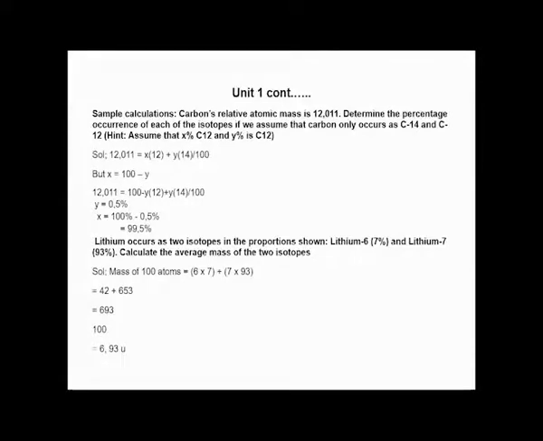Then you get 693, which is divided by 100. That is how you come up with 6.93, which is the average mass of the isotopes.